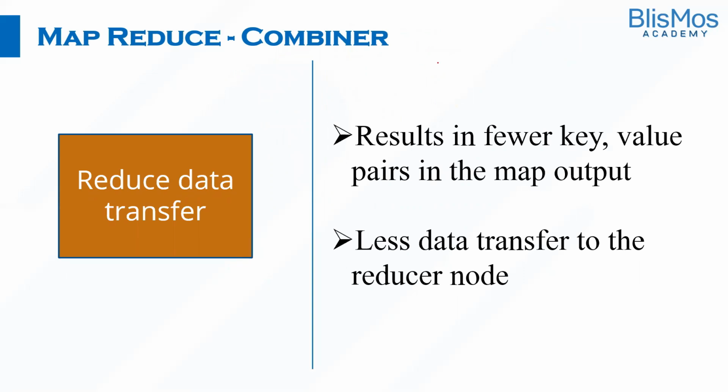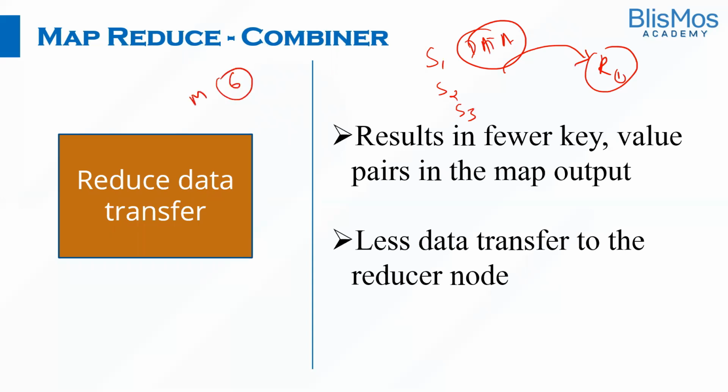Because combining of the results is happening at the system level itself before it is sent to the reducer, the amount of data that needs to be transferred from the system to the reducer would be reduced. If you observe in the earlier case, before the introduction of the combiner, we had 6 outputs from the mapper that need to be sent to the reducer.